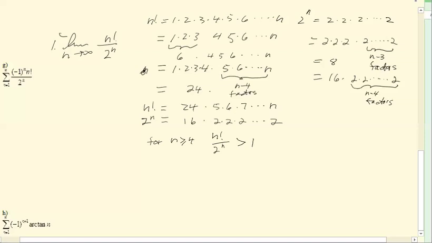Since in here, the 24 is bigger than the 16, and each of these factors in here matched up is bigger than the 2 underneath it. So this ratio up here does not go to 0. That means this series will diverge by the nth term test.